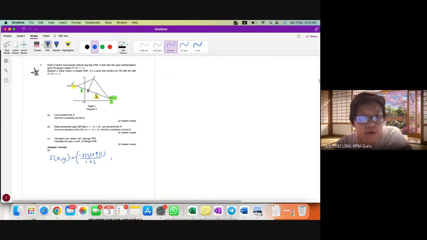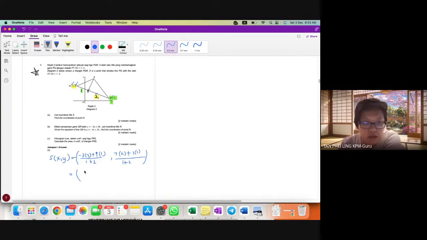Same for y: 7 times the further ratio, which is 2, plus 1 times the further ratio 1, over 1 plus 2. Okay, is that clear? All right, so let's move on. You have negative 3 times 2, which is negative 6, plus 9.